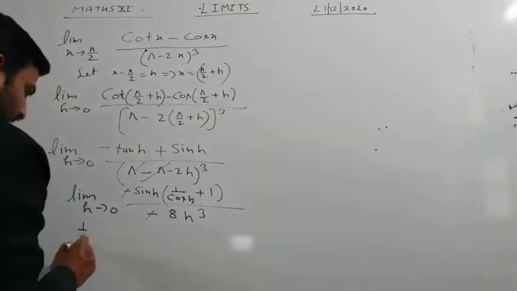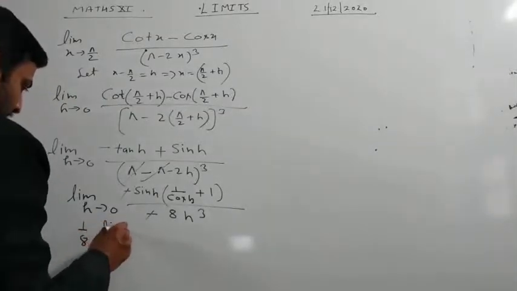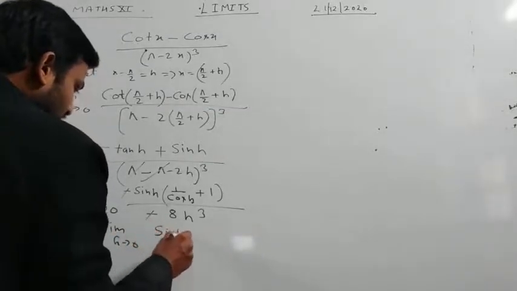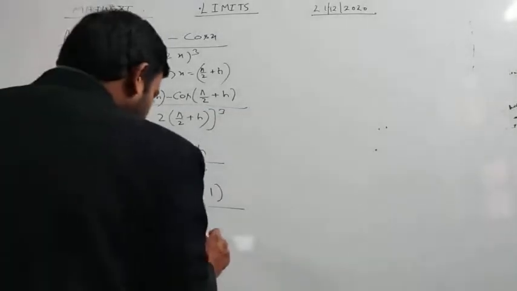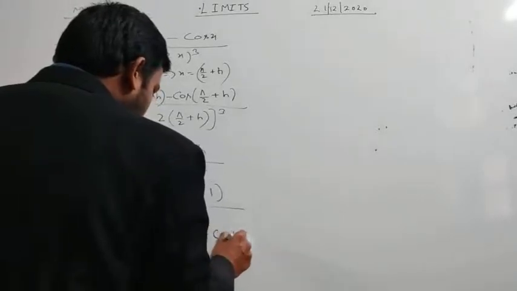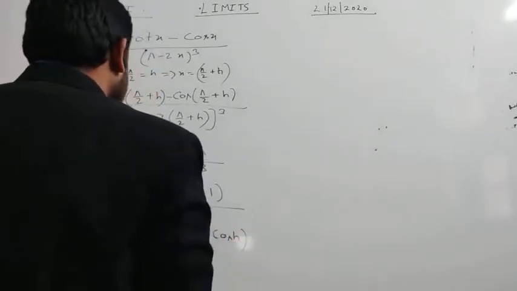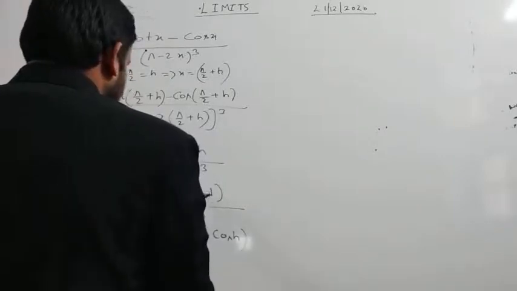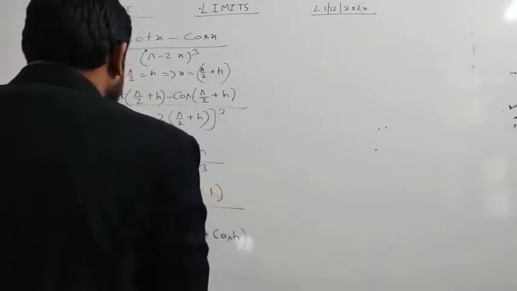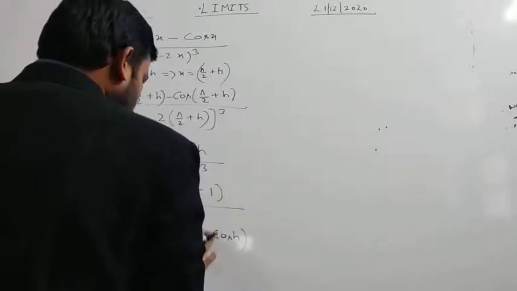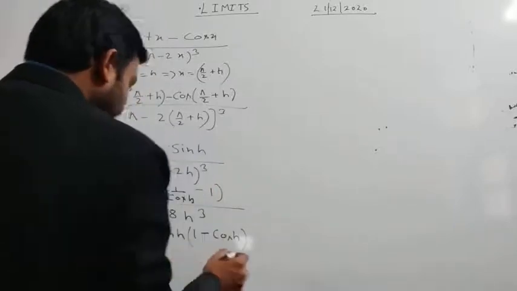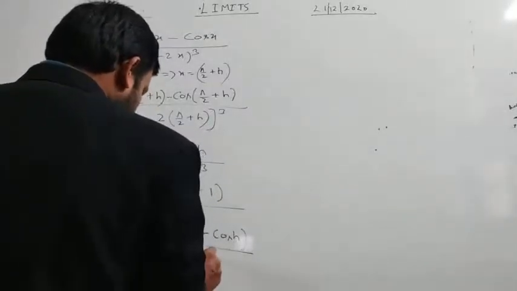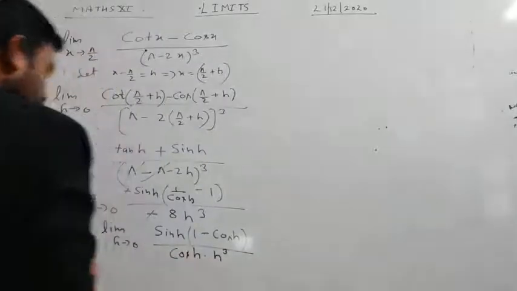This is 1 by 8, limit h tends to 0, sin h times (1 minus cos h) by cos h and h cube.